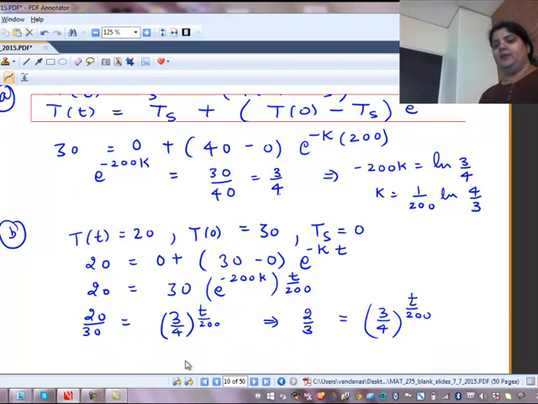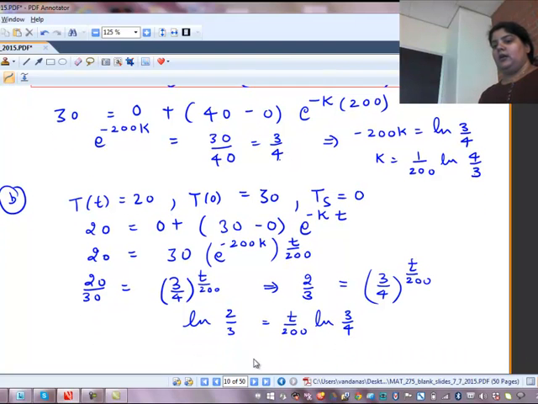You can take ln both the sides. And then you simplify this expression for t.